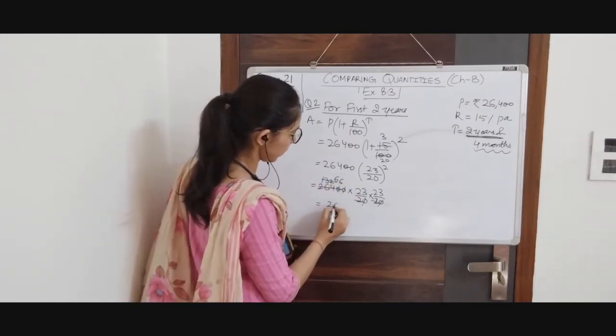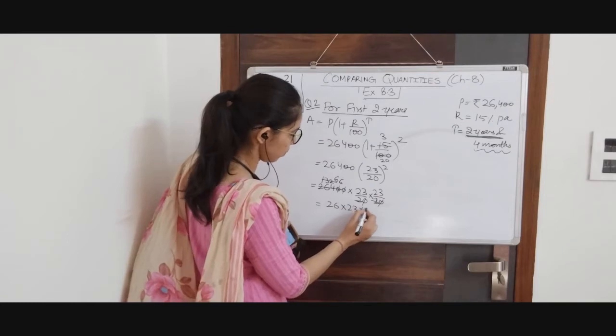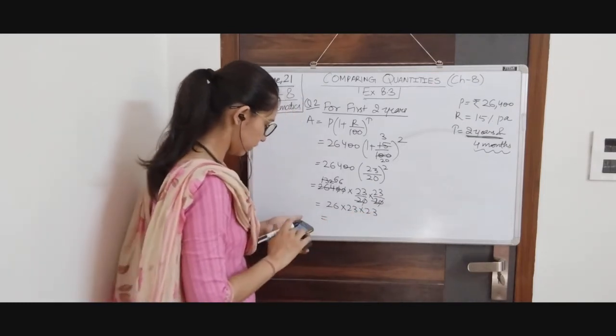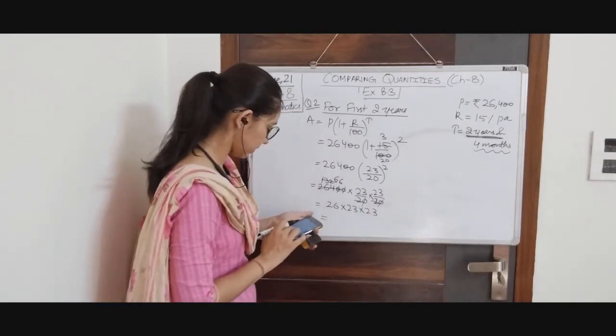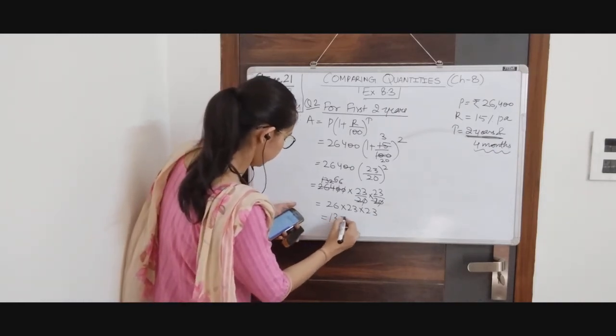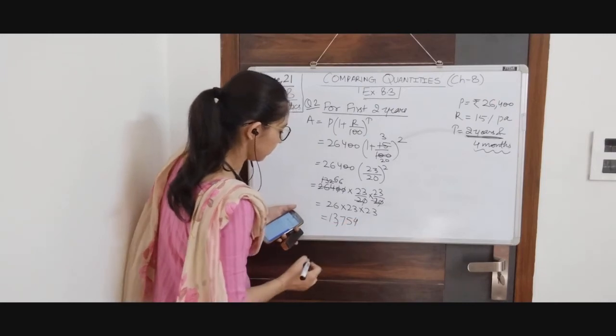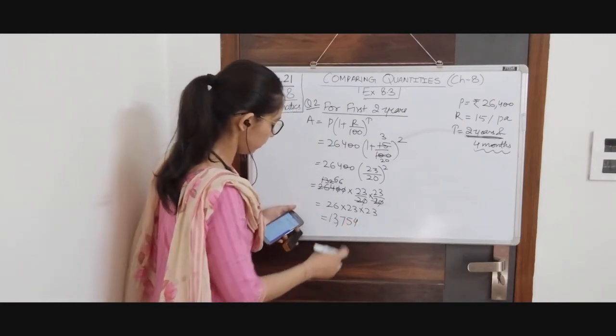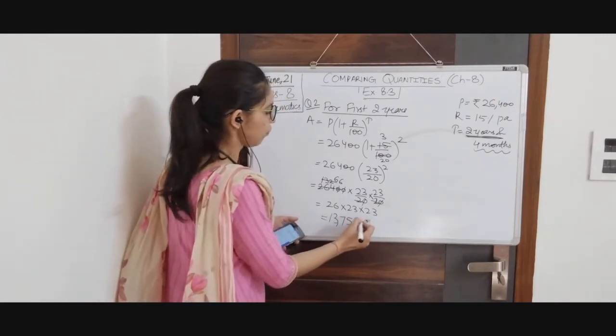It is 26 into 23 into 23. We perform the calculation. It will come out to be 13,754 rupees for this amount.